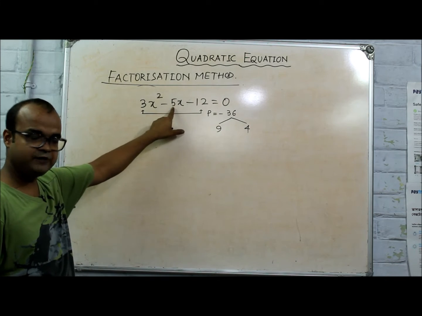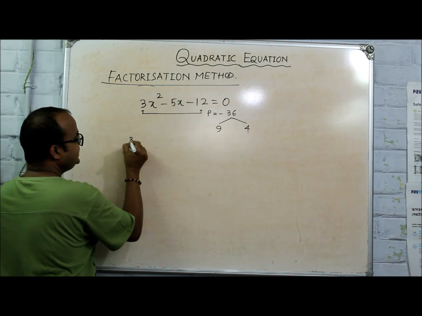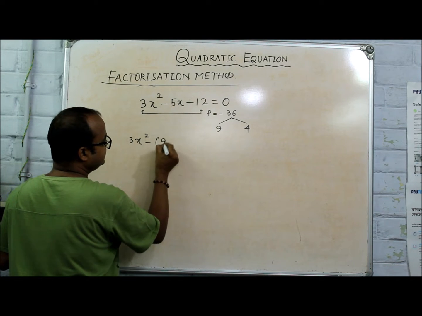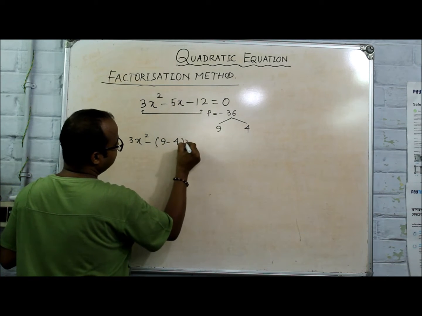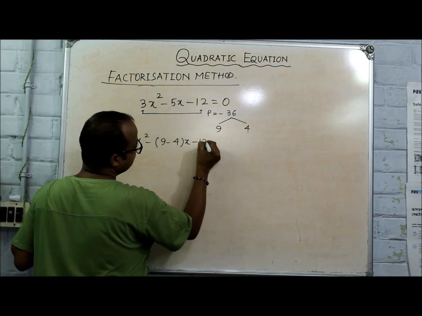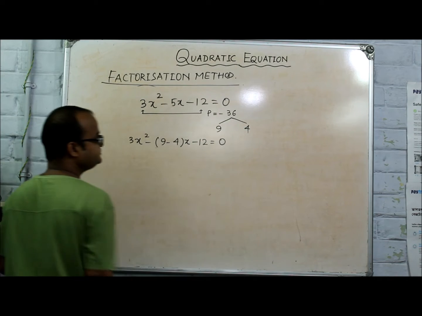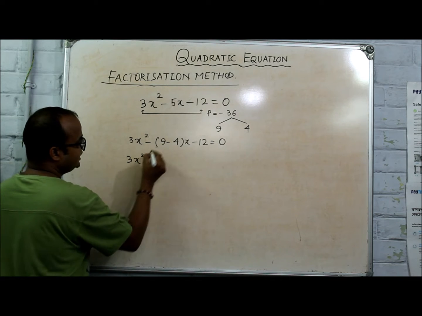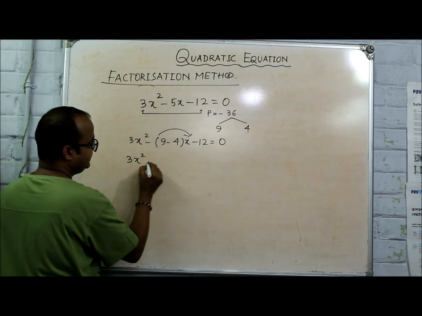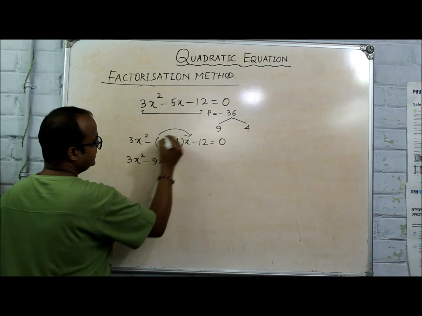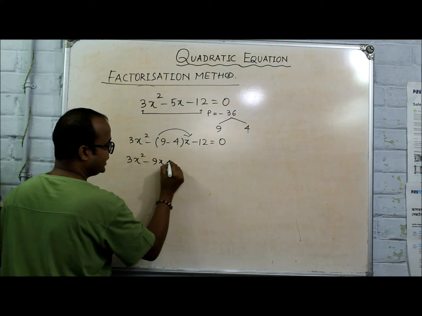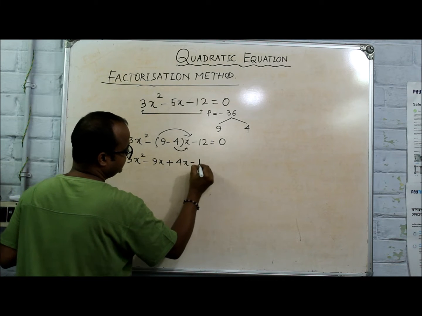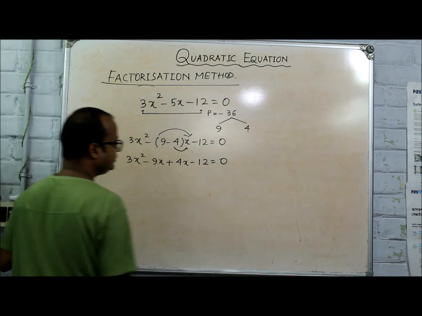Am I clear to you everyone? So 3x square minus 5x minus 12 can be written as 3x square minus 9x plus 4x minus 12 is equal to 0.